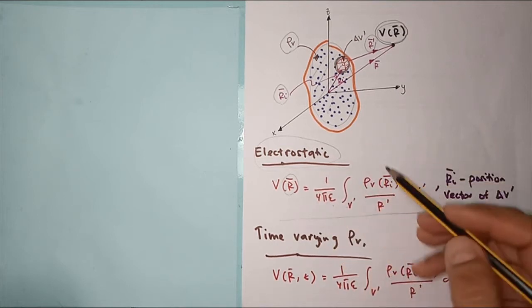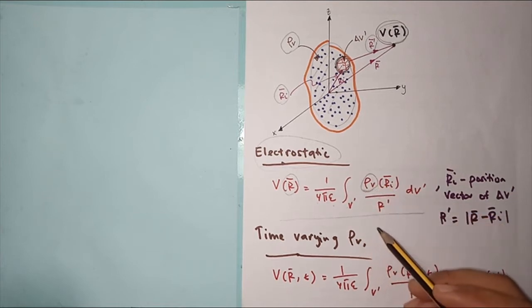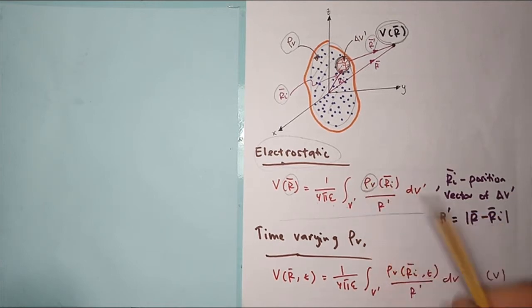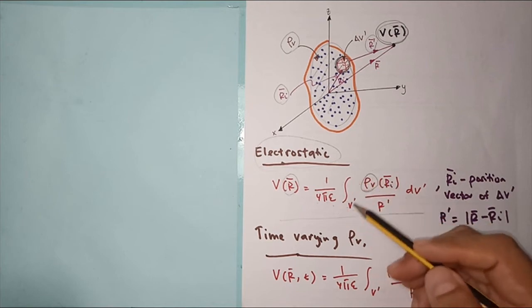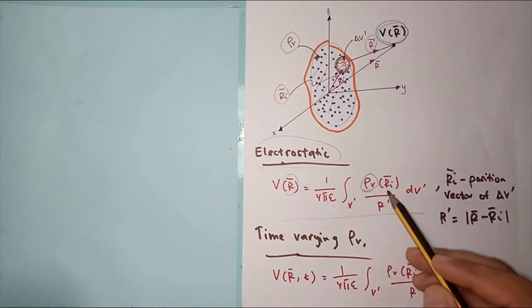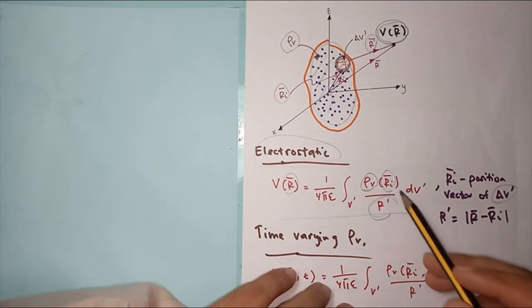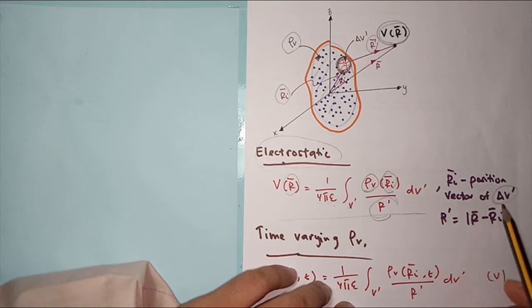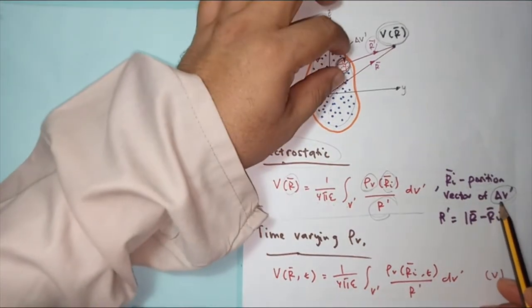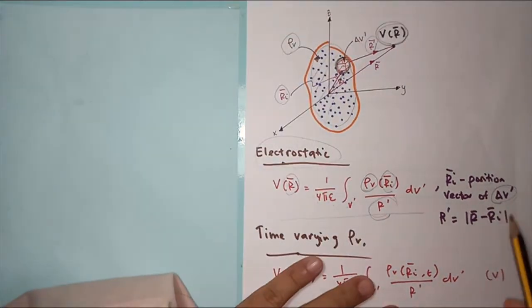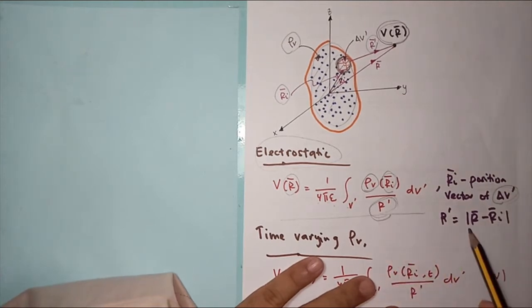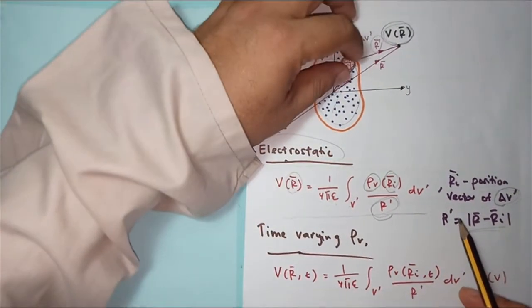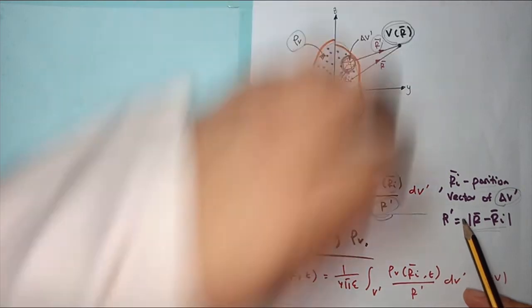Because we deal with rho v, or the volume charge density, we need to perform volume integration. So rho v of Ri divided by R prime, whereas this vector Ri represents the position vector for this volume of charge, and this R prime represents the direction between the charge and the test point here.